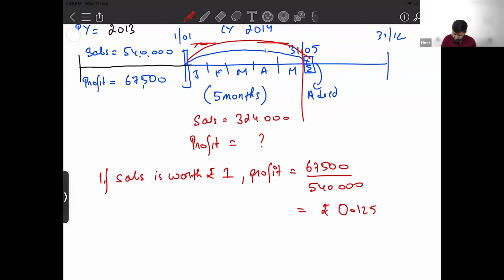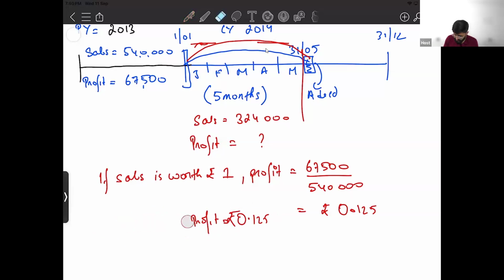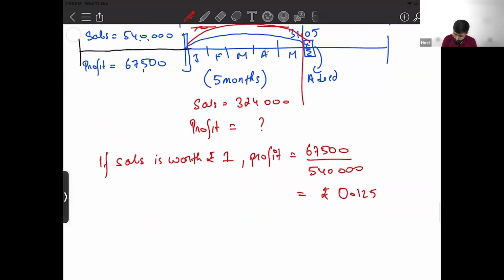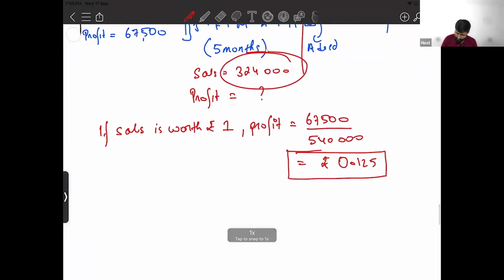So if sales is rupees 1, the profit is 0.125. With profit per 1 rupee of sale and the sales known, we can easily find out the profit of the 5 months.